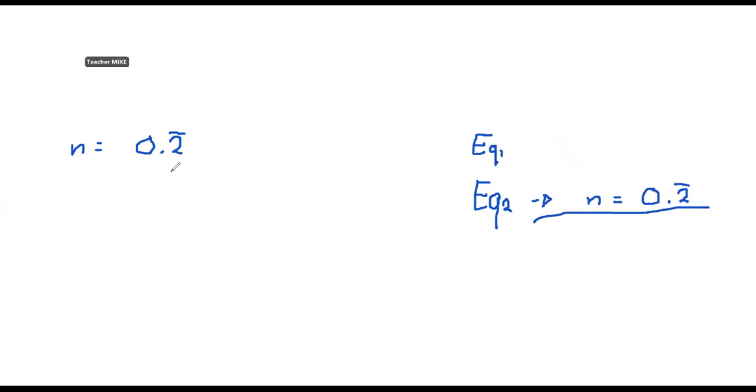Then, ano sa pangalawang equation? Nakita nyo, ilang number yung may bar na 2? Isa lang. So, sa pangalawang equation natin, magkakaroon tayo ng 0.22, yan.